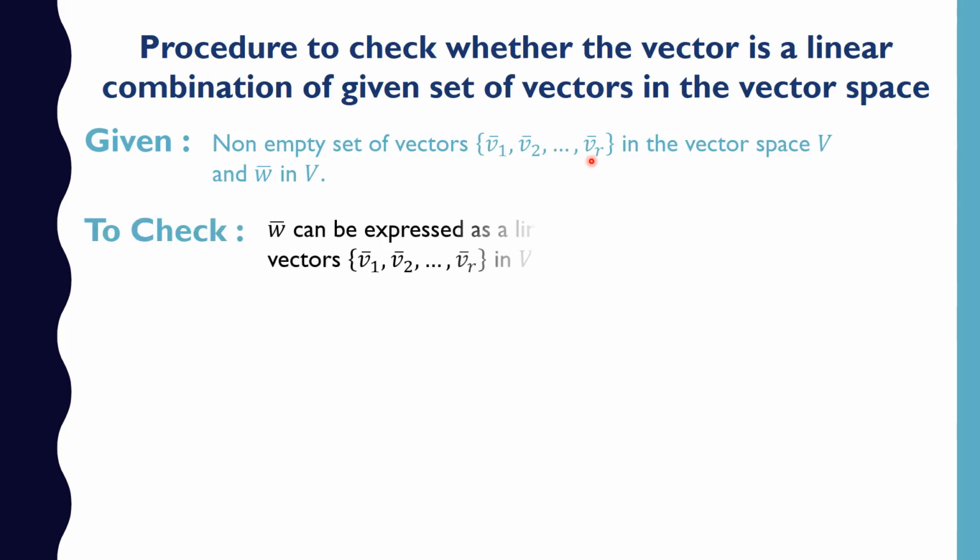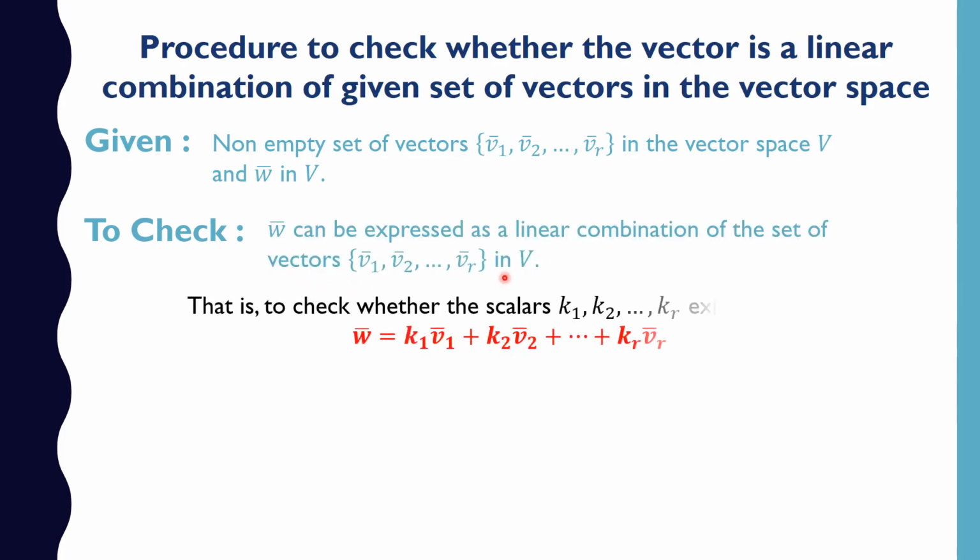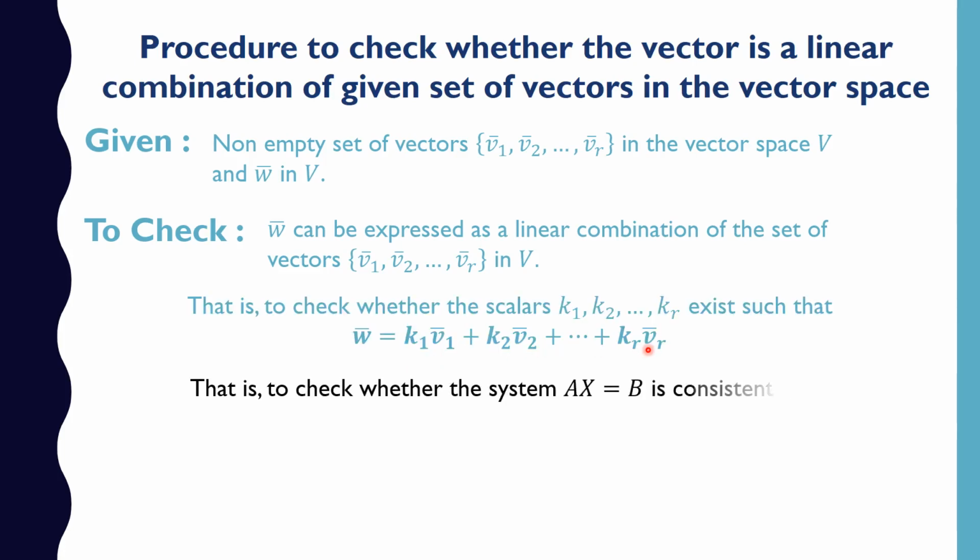So to check whether W bar can be expressed as a linear combination of a set of vectors in V, we have to check whether scalars exist such that W vector equals K1 V1 vector plus K2 V2 vector plus etc. plus Kr Vr vector. That is to check whether the system Ax equal to B is consistent or not.